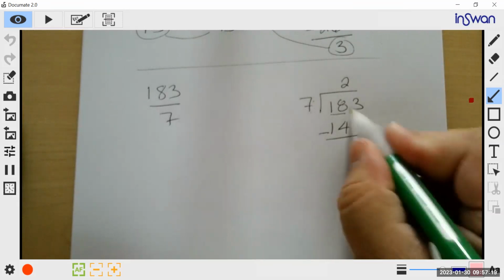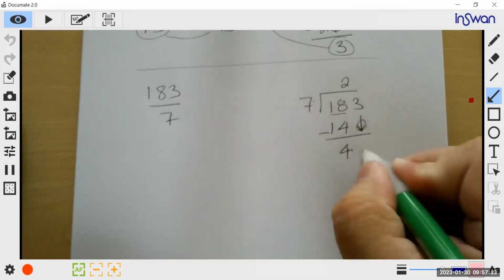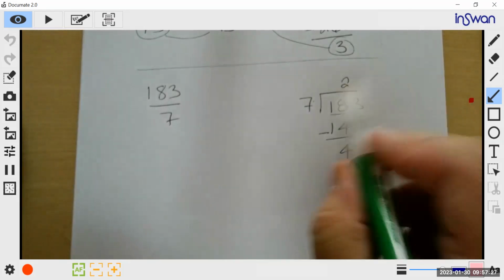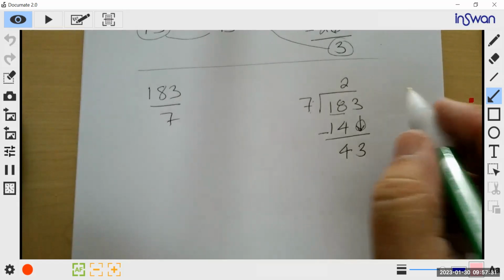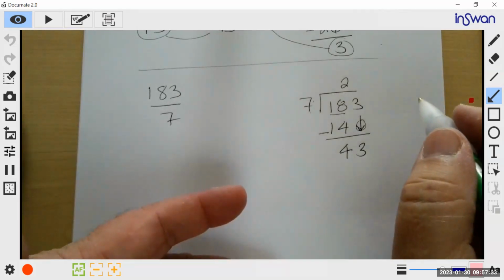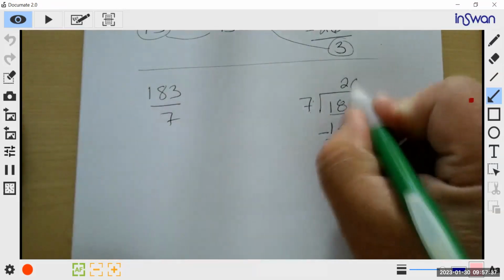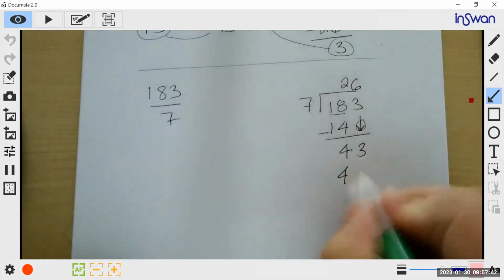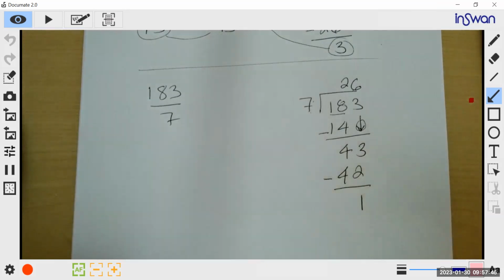Put a 0 there. 18 minus 14 is 4. Bring down the last number. 7 goes into 43. 7 times 5 is 35. 35 plus 7 is 42. So it's in there 6 times. 6 times 7 is 42. Subtract them, you get 1.